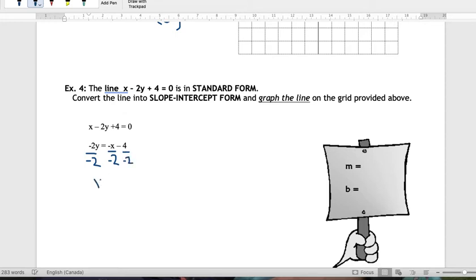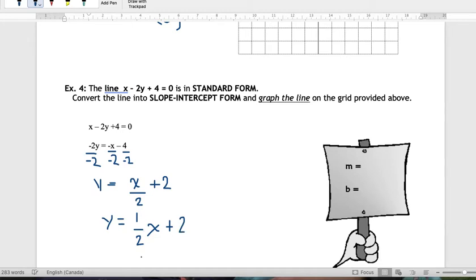So we are going to be left with y = x/2 + 2. -4 divided by -2 is +2. You can leave it like that, or if you really like having a coefficient before the variable, pull out that half: y = (1/2)x + 2.